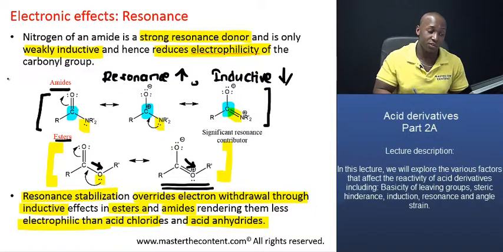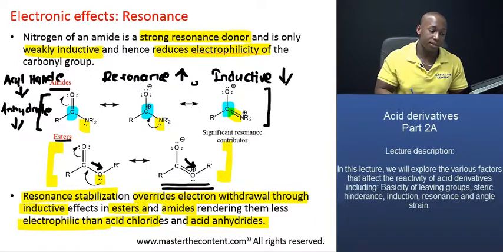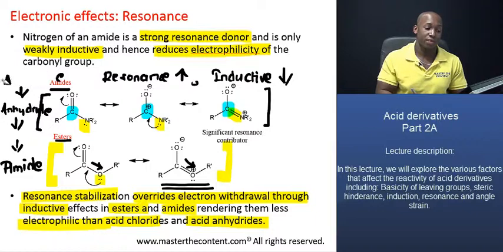And that's why we observe the trend moving from an acyl halide, an acid chloride, down to an anhydride, down all the way to an amide. So that is the rationale behind that order of reactivity as far as electronic effects are concerned.